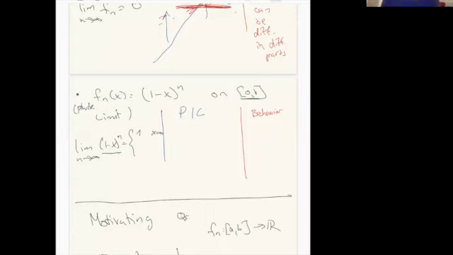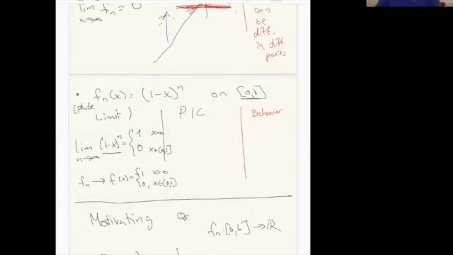It converges to 1. But if x is in the half open interval (0, 1], then this base of the exponent is strictly less than 1, and therefore the higher powers will converge to 0. So f_n converges pointwise to f, which is defined as 1 when x is equal to 0, and 0 when x is in (0, 1].